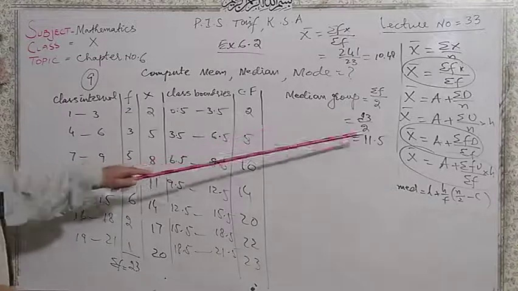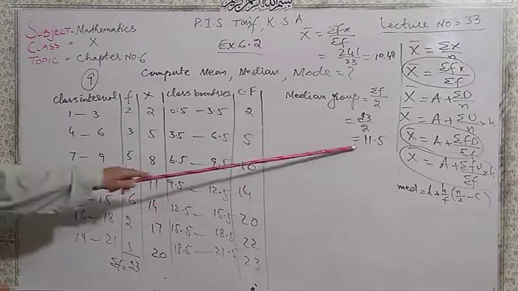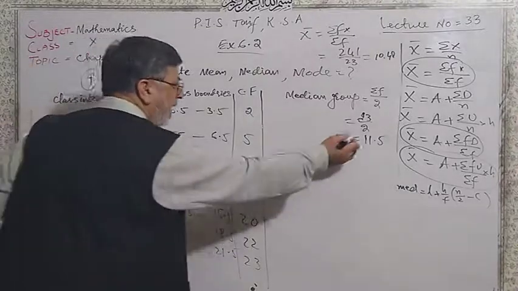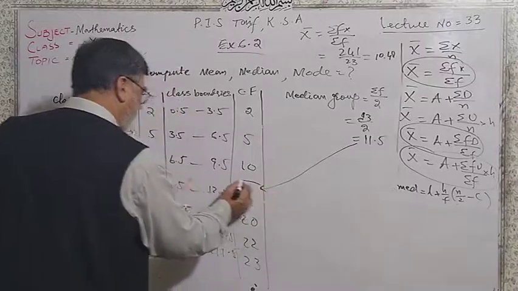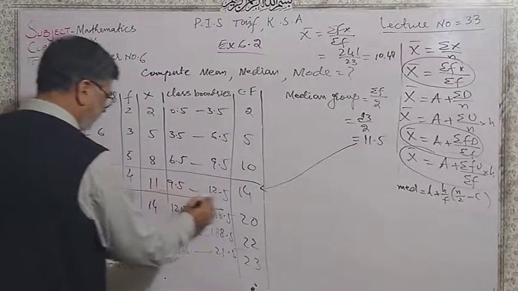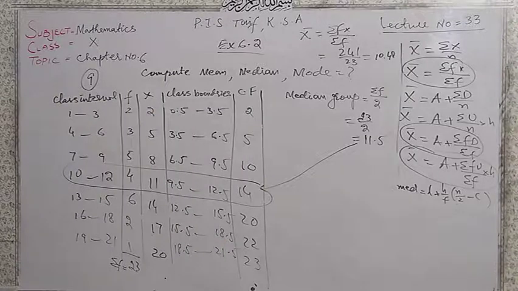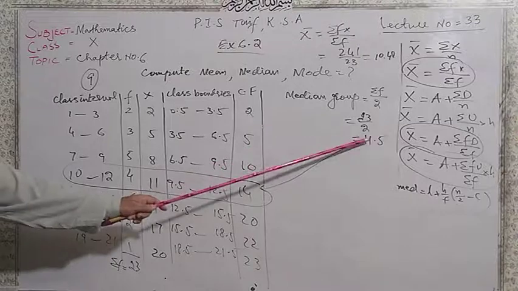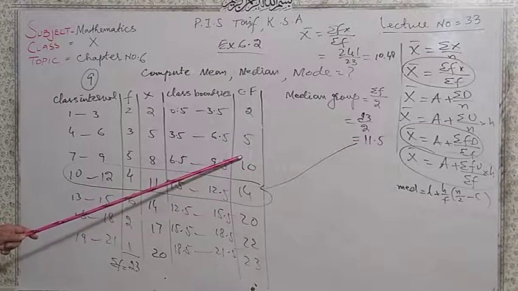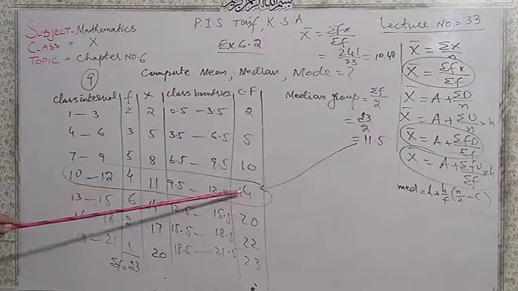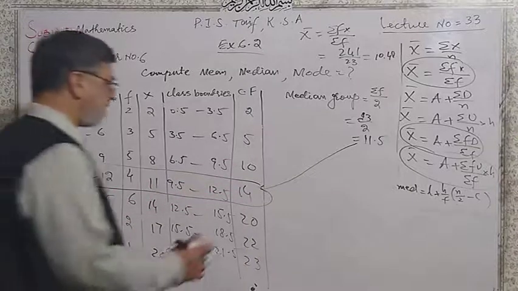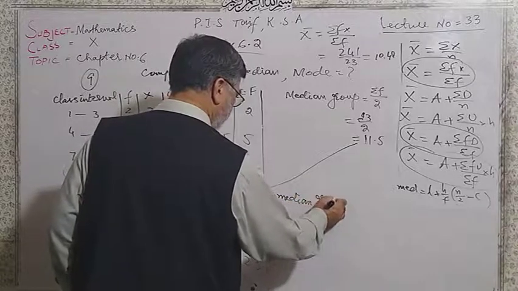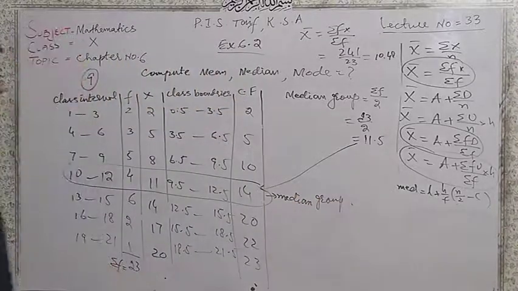Remember that it is greater than 10, but up to 14. So 11.5 has its place in this group, because it is greater than 10. So greater than 10 will be included in the next group. So this is known as the median group.